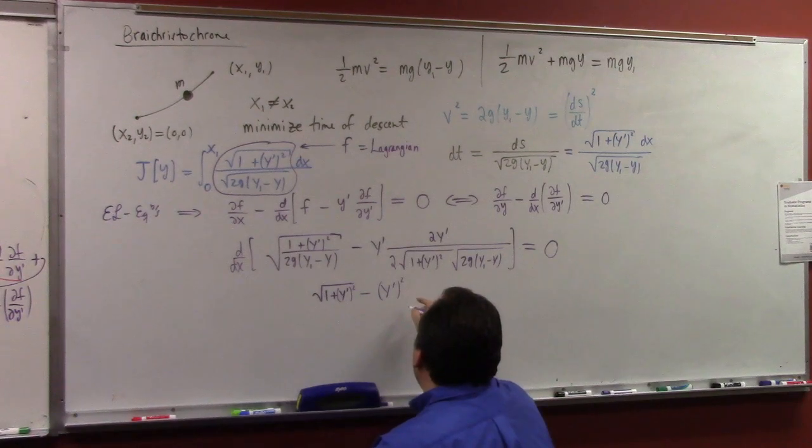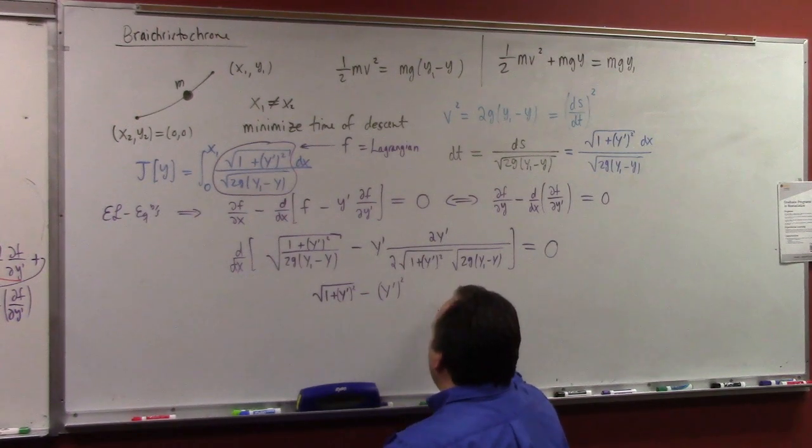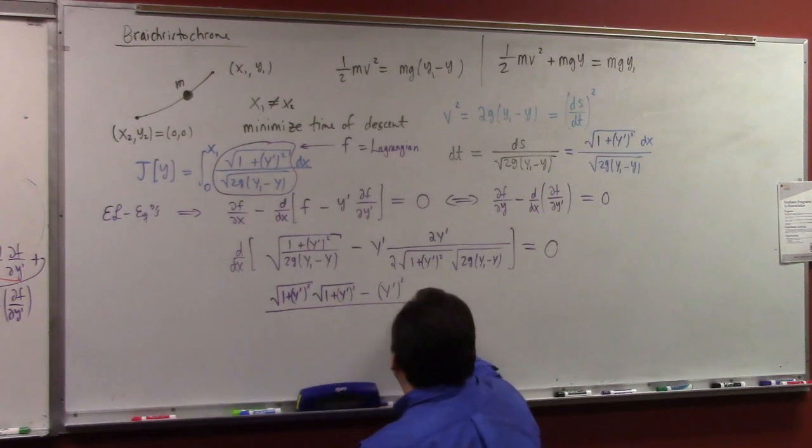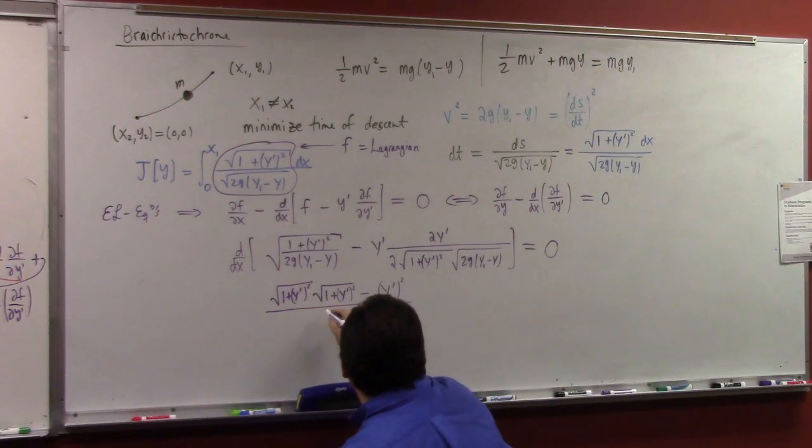To make a common denominator, sweet. Square root of 1 plus y prime squared.